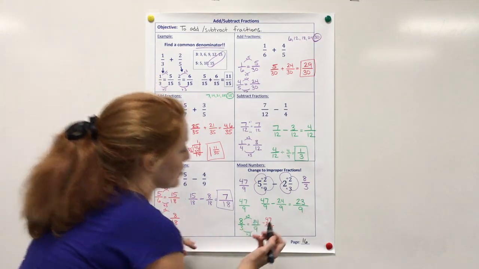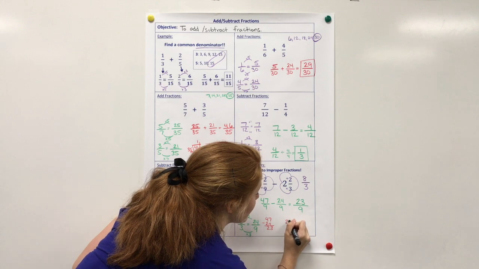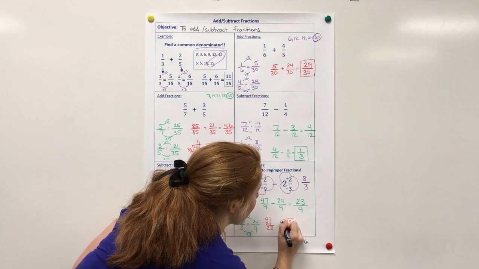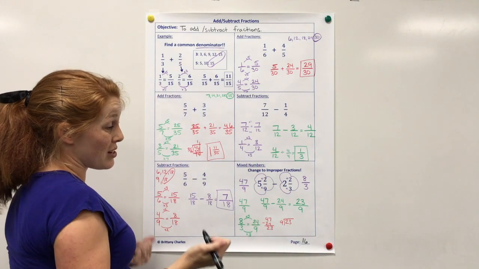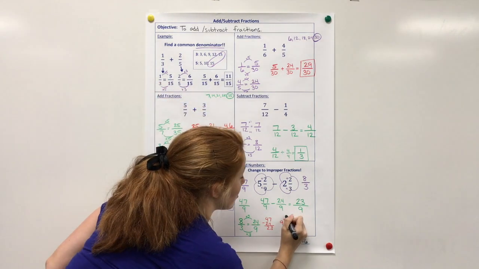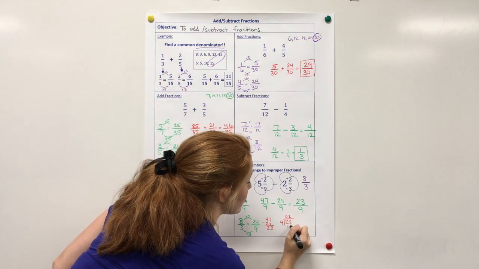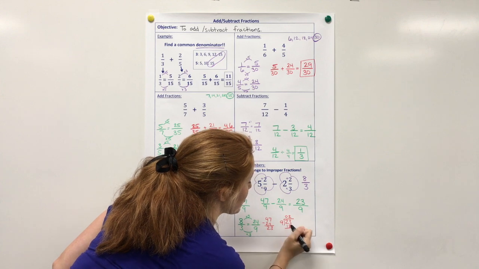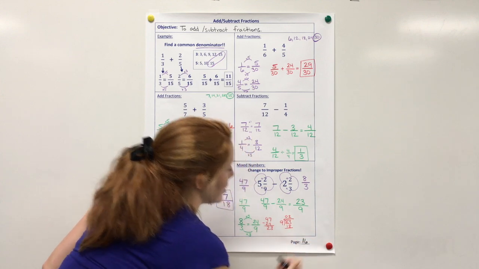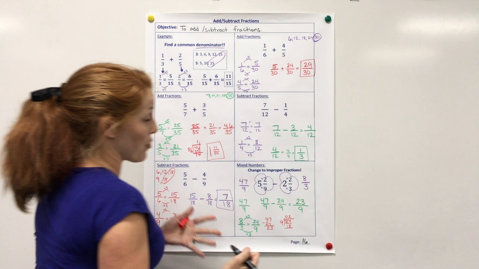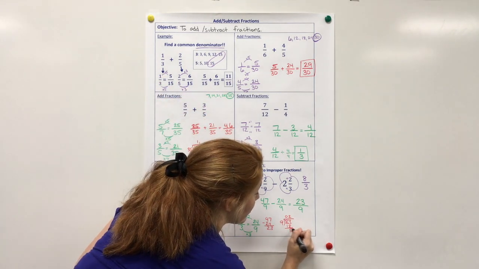So, I do that by dividing. 23 divided by 9. Well, 9 is going to go in twice, which is 18. Now I subtract. 8, 9, 10, 11, 12, 13, so that's 5.